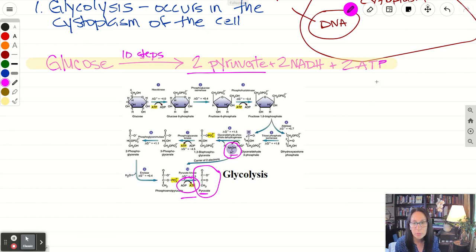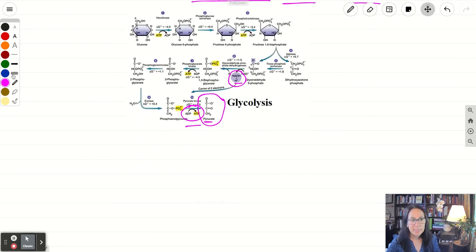So it's going to be 2. So this is what's happening in the cytoplasm of your cell. So what we have now is some ATP made, which is great. We have some NADH that has been reduced, and we have 2 pyruvate. So we're going to move into the next step. The next step is called the citric acid cycle.